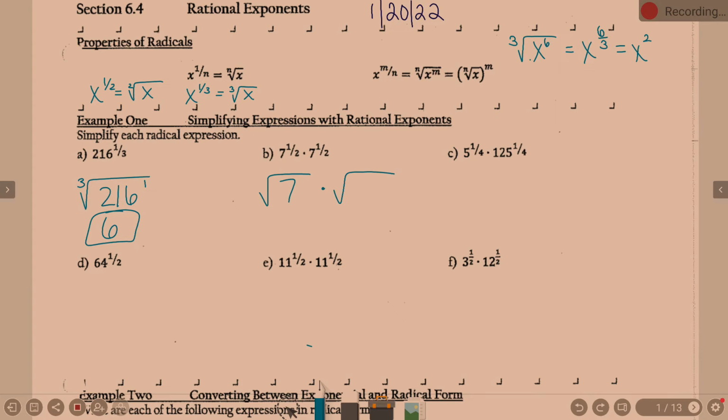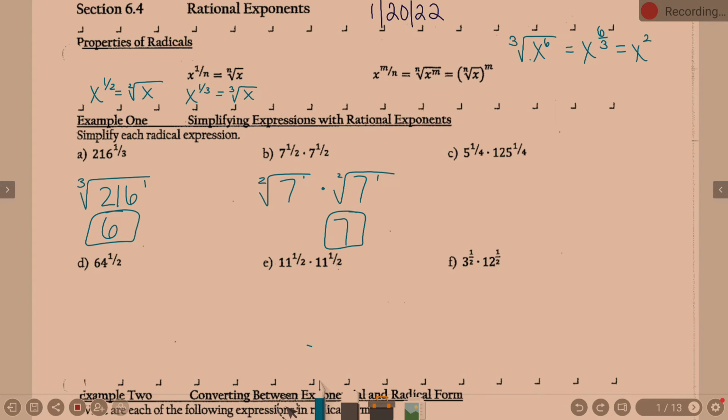Where does that 2 go? The 2 tells me that this is a square root, yes? And technically the 1 tells me it is a power. So what am I really saying here? Square root of 7 to the first, square root of 7 to the first. What is the square root of 7 times the square root of 7? Did I hear 7 back there? Okay. Square root of 7 times the square root of 7 is 7.